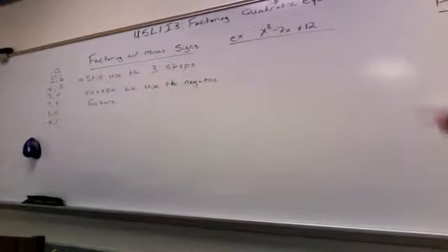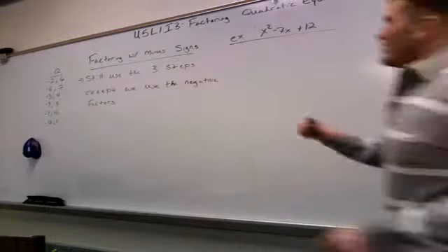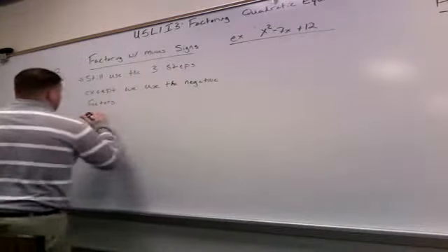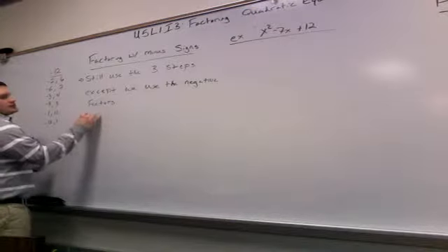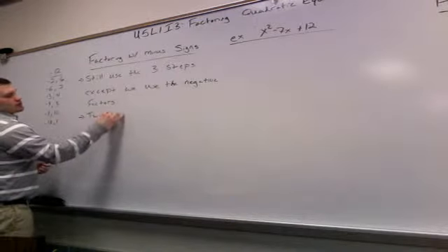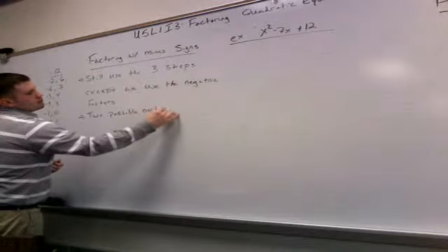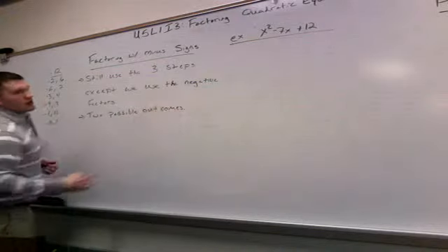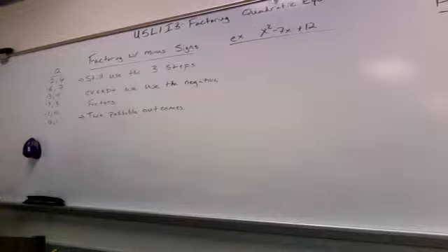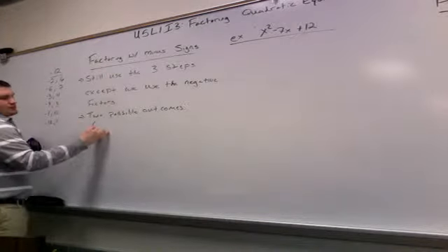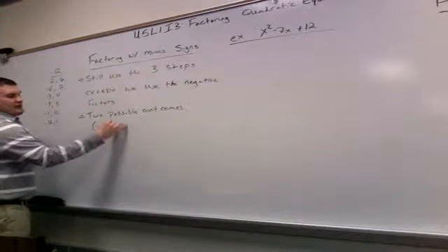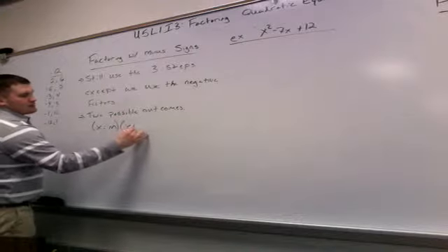All right, so example, x squared, oh, got ahead of myself. Now, when we factor with minus signs, there are 2 possible outcomes. One possible outcome is x minus m times x plus n.